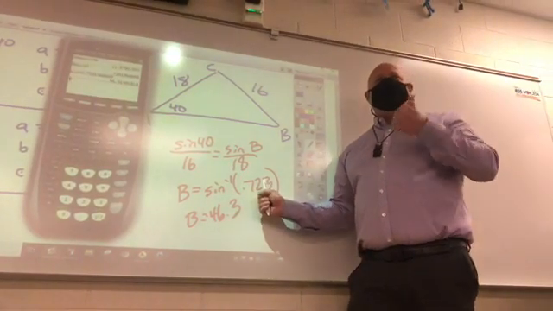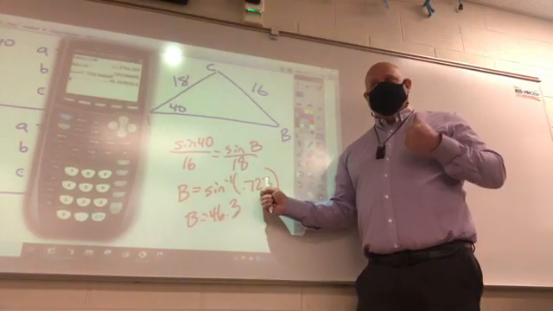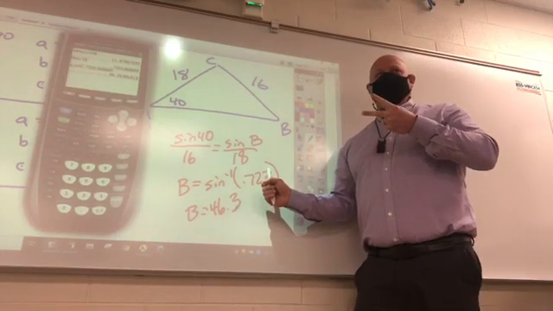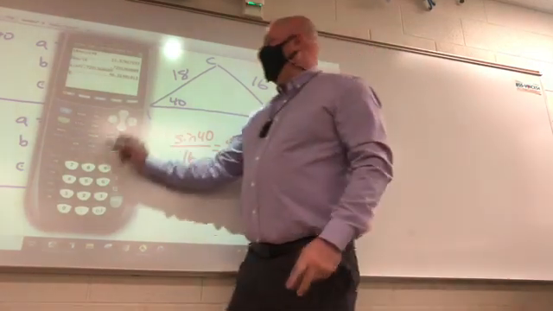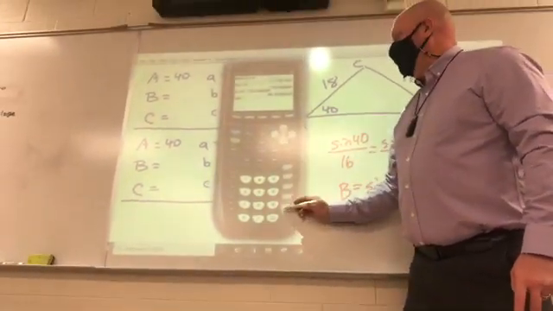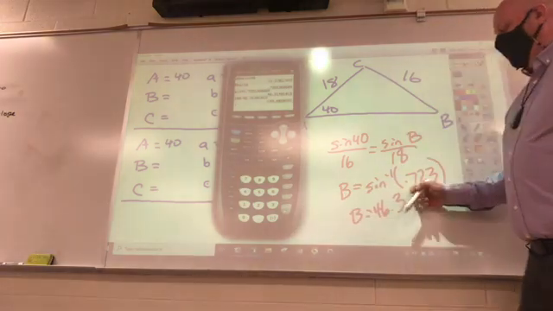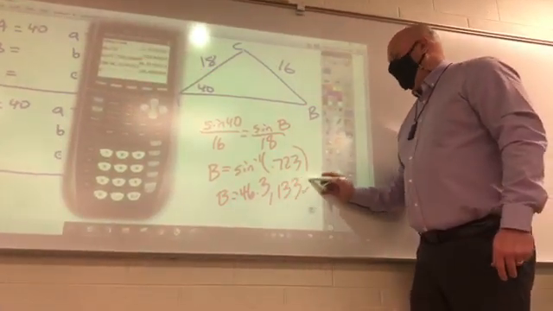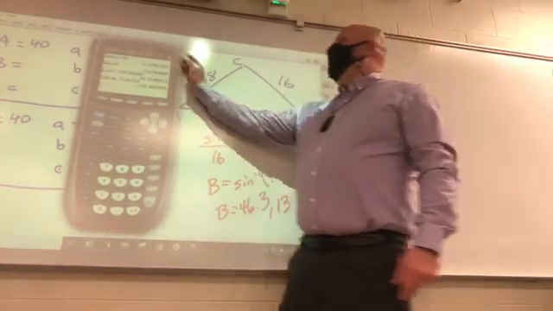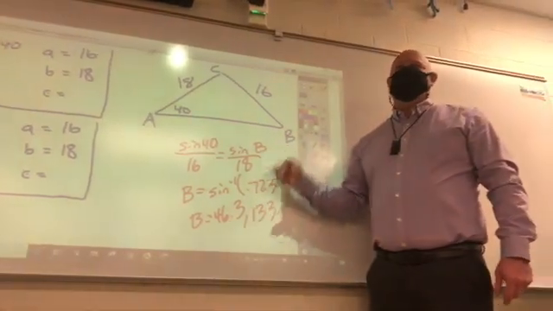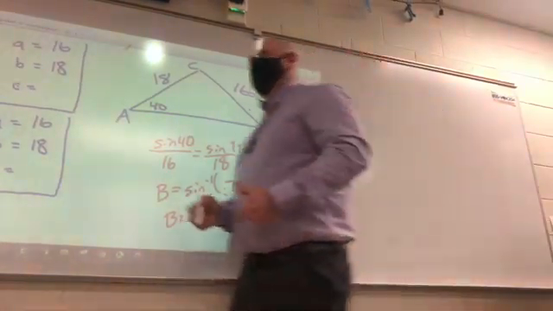What two quadrants is sine positive? First and second. How do I get to the second quadrant? 180 minus. So I'm going to do 180 minus that angle. And the other answer to this is 133.7. What that means is there's two answers to this proportion that both work.